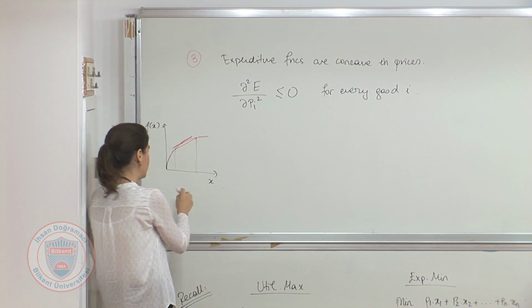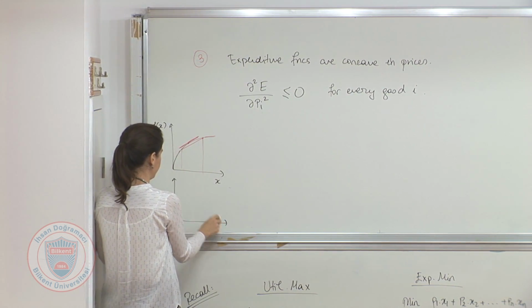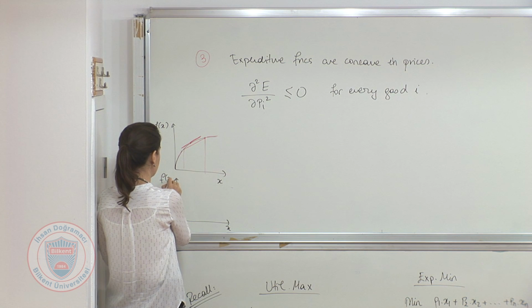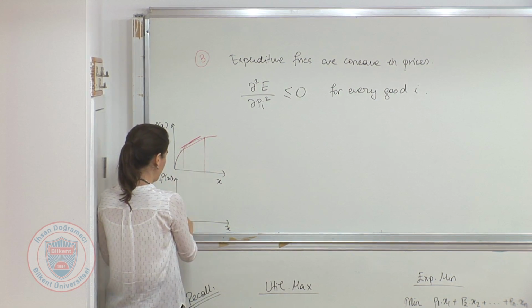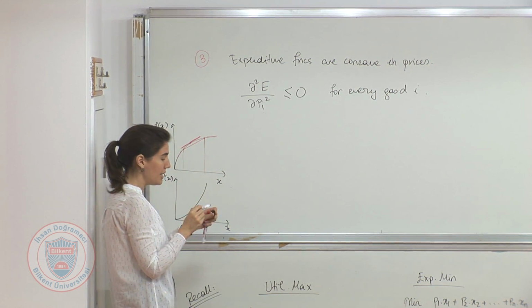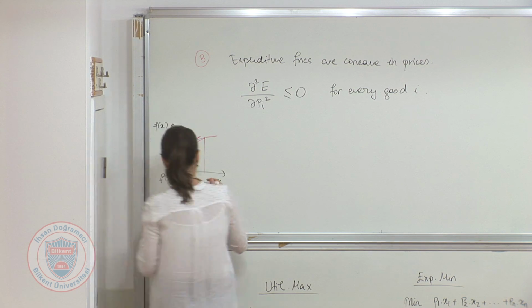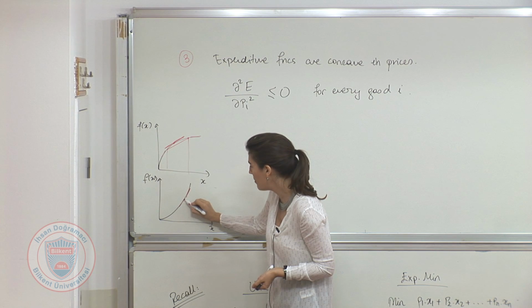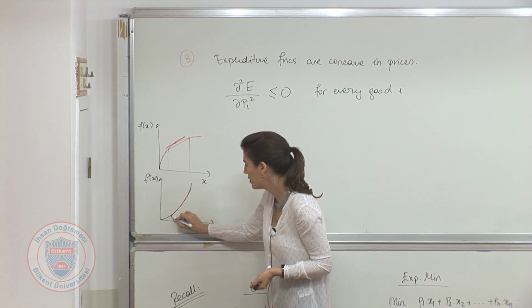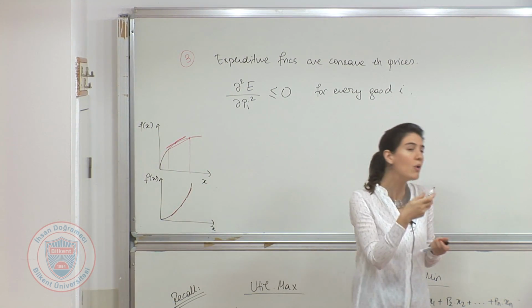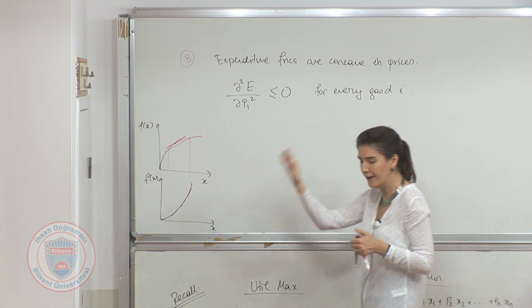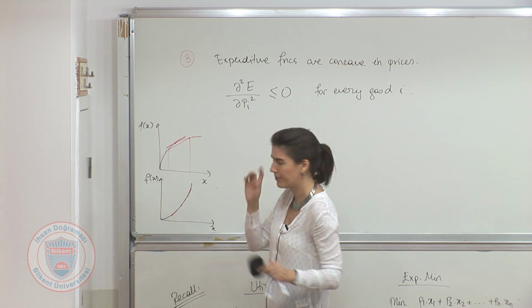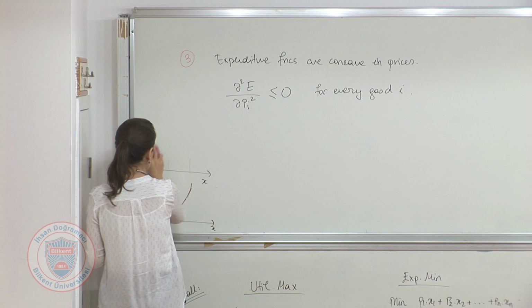And for a convex function, if I look at the slopes, the tangent lines, they are below the curve, right? So this is one way of saying concavity or convexity. Just keep this in your mind.